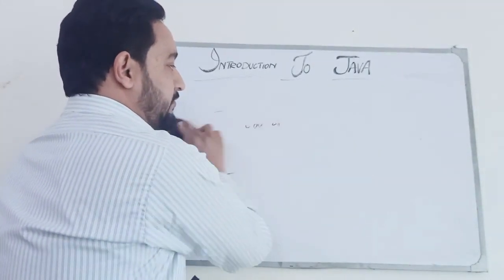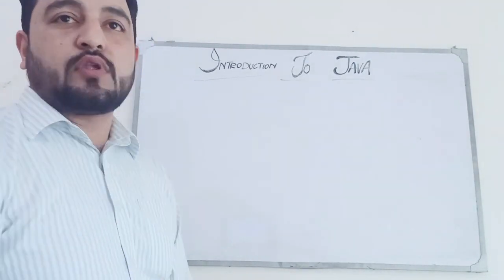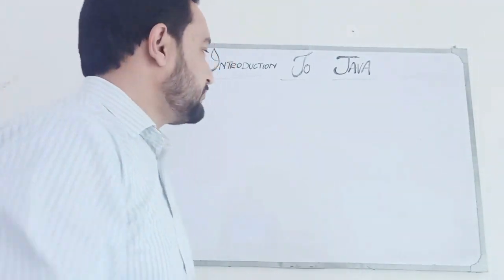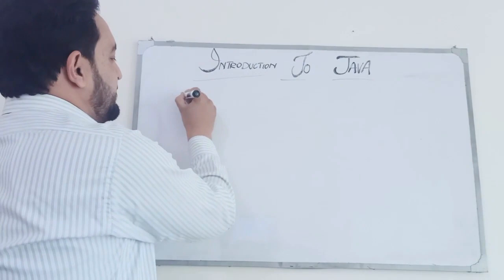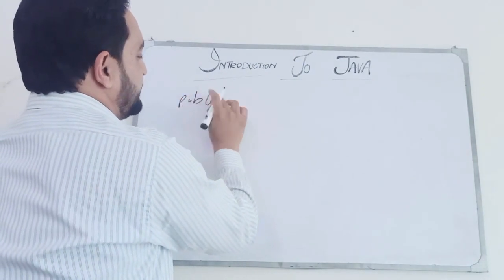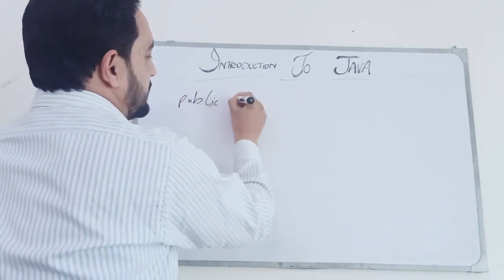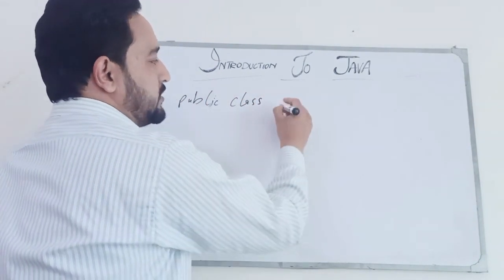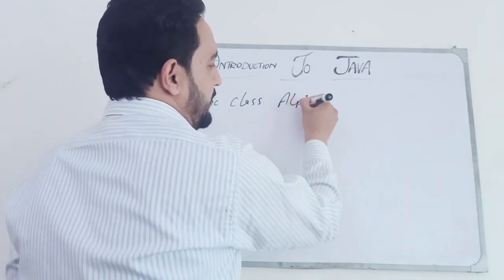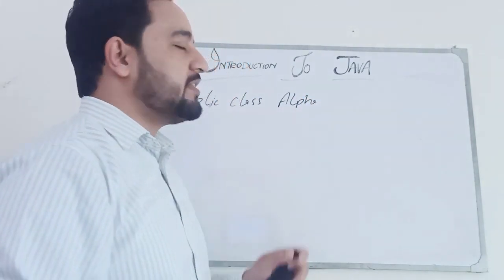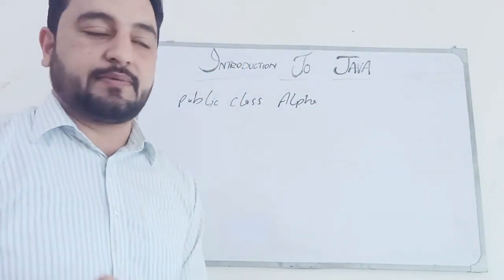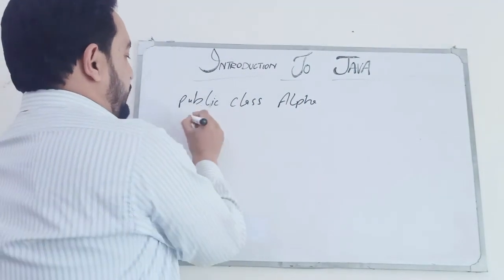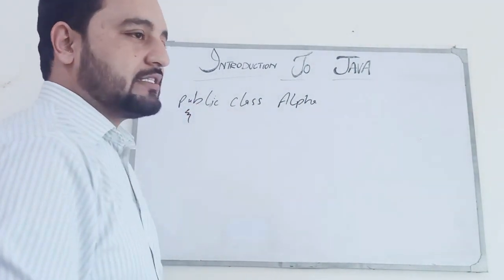Now let's start with our first program. We will start with the keywords public class. The name of the class, for example, we will write Alpha. We will save the file with the name Alpha.java. We will start the body of the class.